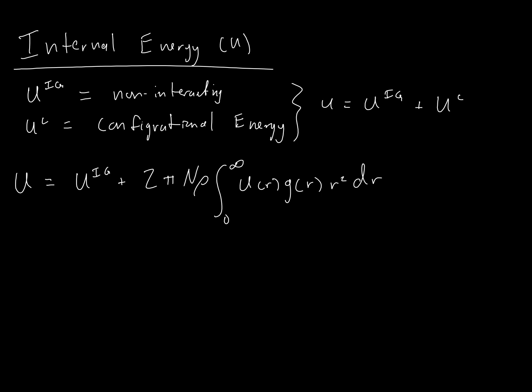So this first term here, U ideal gas, if this were an ideal monatomic fluid, which is what we've been focusing on for our interacting systems, that would be your 3/2 N kBT, which is essentially just the translational energy of an individual particle.